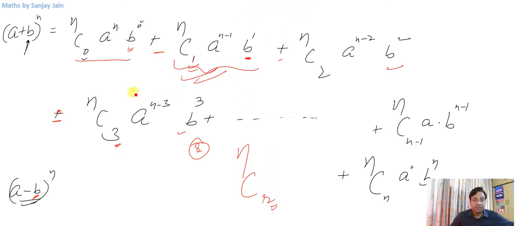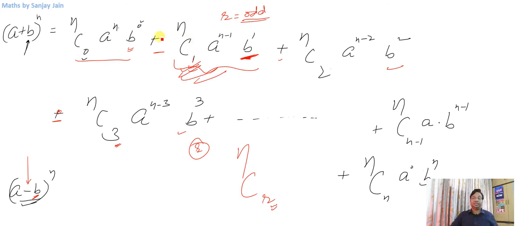So these terms will become negative and the rest of the terms will remain as they are. This minus sign makes a difference only to the terms where b had odd power. When did b have odd power? When r is odd.